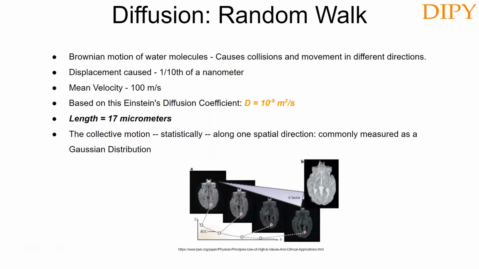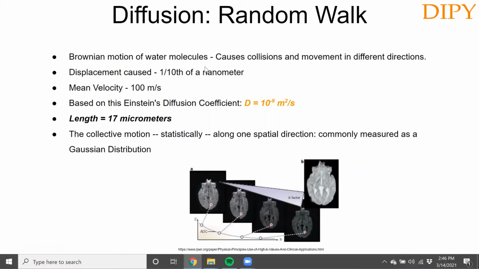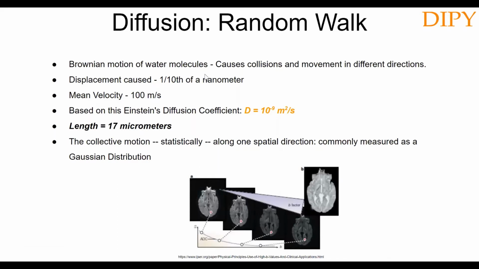So let's take a look at what is exactly going on. Diffusion is a random process. It is Brownian motion of a water molecule, like we are trying to capture water, Brownian motion of water molecules at different speeds. It occurs due to collisions in random directions. The displacement caused due to diffusion is of the scale of 1/10 of a nanometer, and the mean velocity is 100 meters per second.